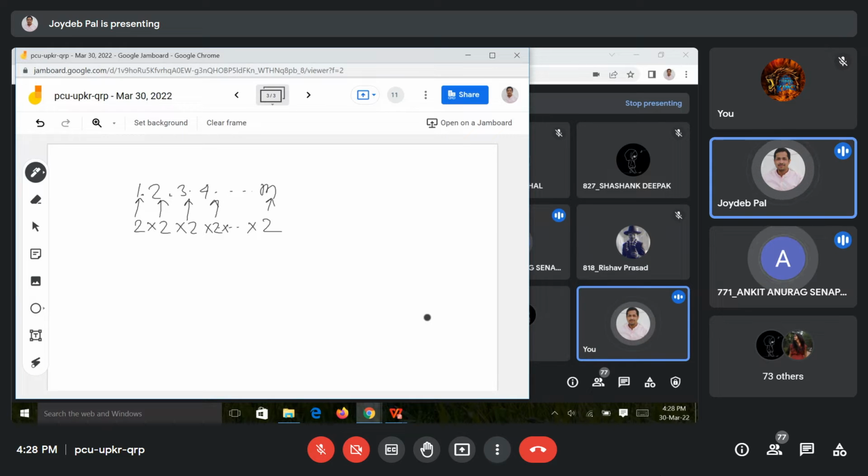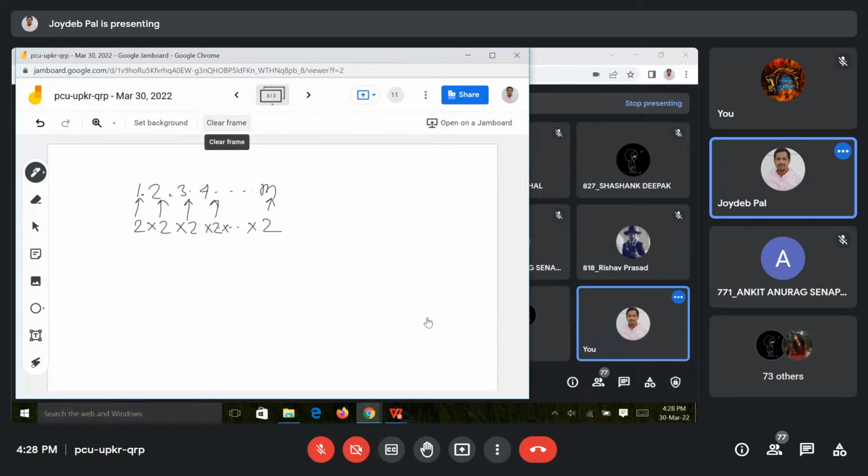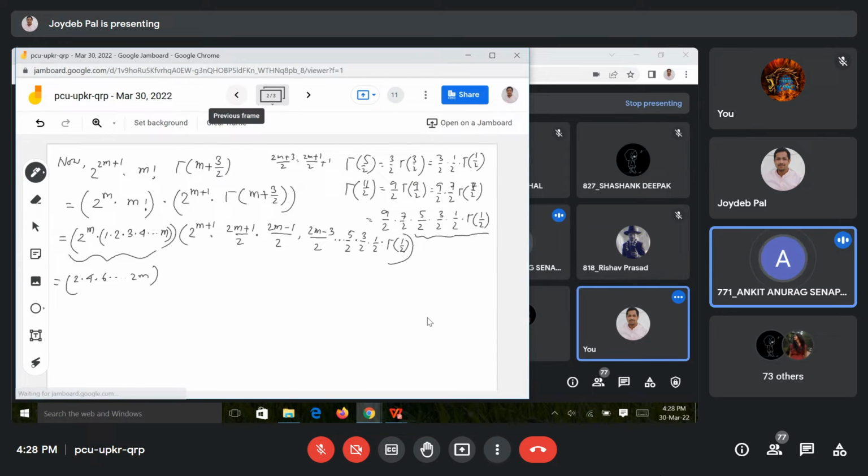There are m terms, so I am multiplying each term by 2. Ultimately it is multiplying by 2 to the power m. Get it? Understood now?